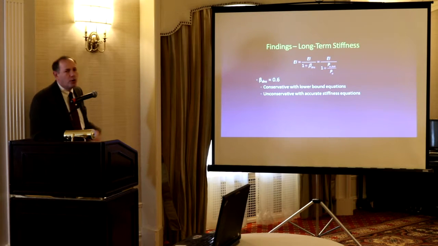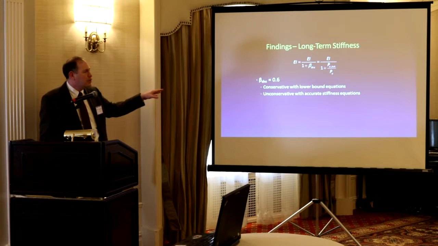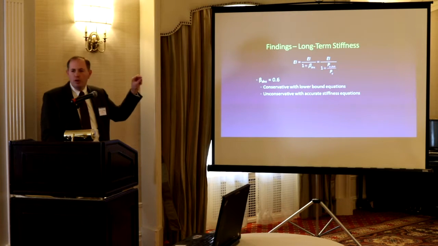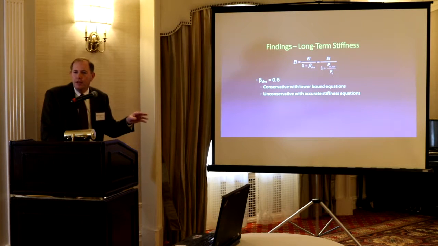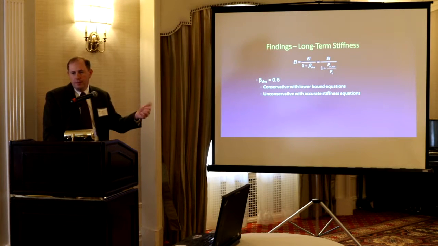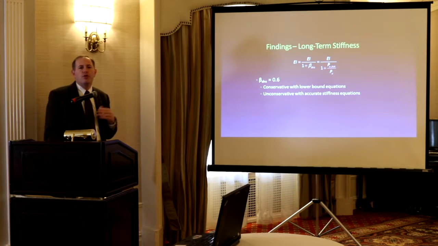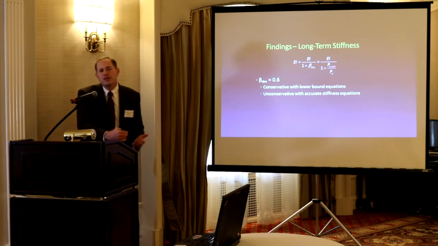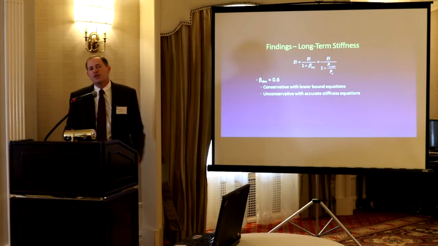We think there may be some alternates, but it's a simple way of doing it. The 0.6 is conservative, but realize you need to use the lower bound equations, those 0.4 to 0.2 EI, right? When I use it with Kuntia, that's in the code right now, if I use that, it's unconservative. So if you have a good first initial stiffness, you only use the 0.6, it's just not taking enough off for the sustained load effect.